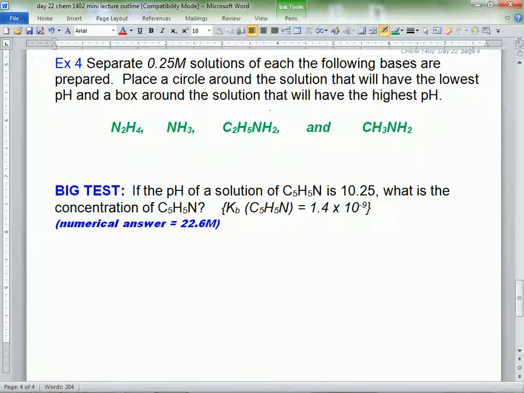In EX4, when you get that far, there's no calculation. EX4 is a conceptual question. Okay, that's your hydroxide. Oh, you got it. Good.